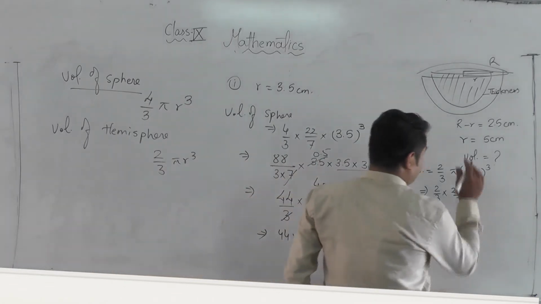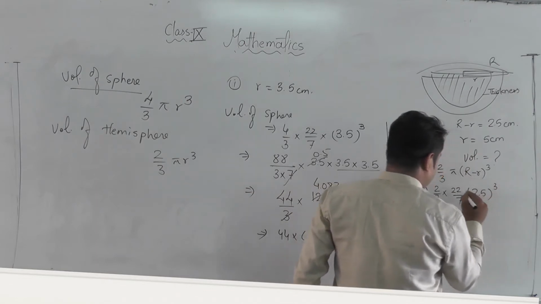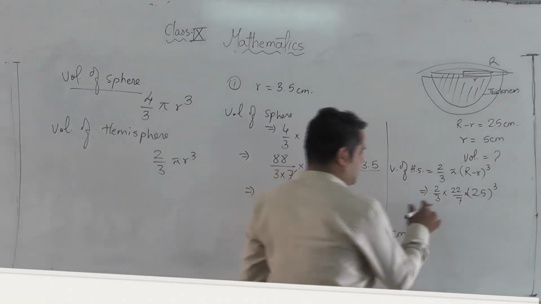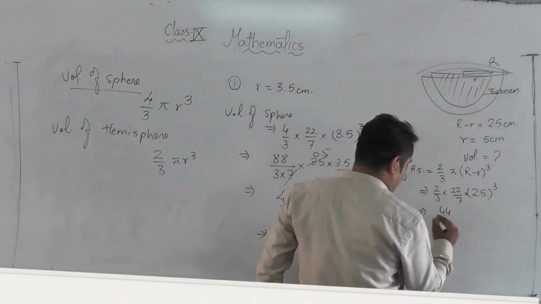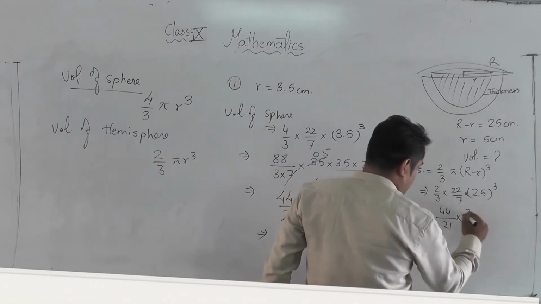Now I'm keeping the value here, R minus r, given to us as 2.5 centimeter cube. It will become 44 upon 7 is 21 and 2.5 cube.